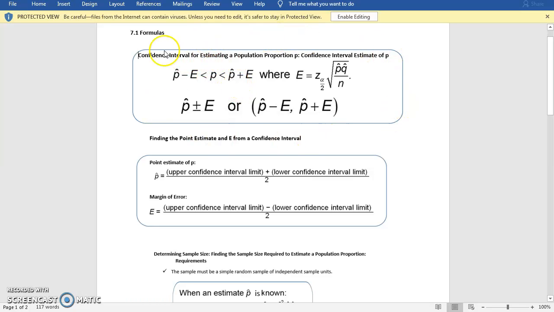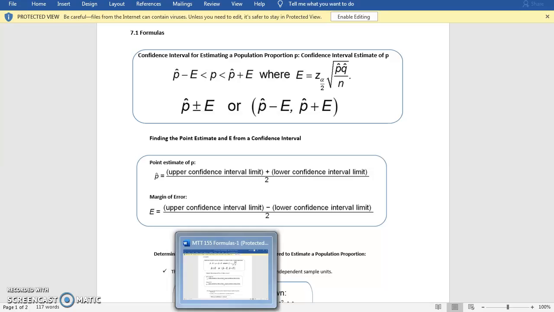Here's your capital E, the margin of error. It's z sub alpha over 2 times the square root of p hat times q hat over n. Once you get your error, you add that error to your p hat and subtract that error from your p hat, and that gives you the interval you're looking for.